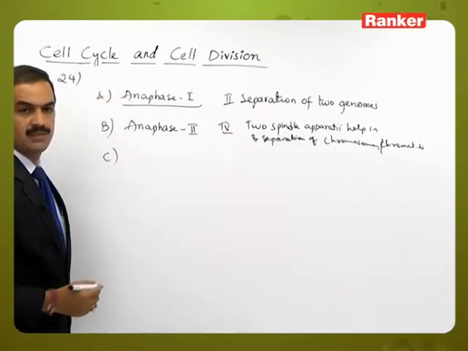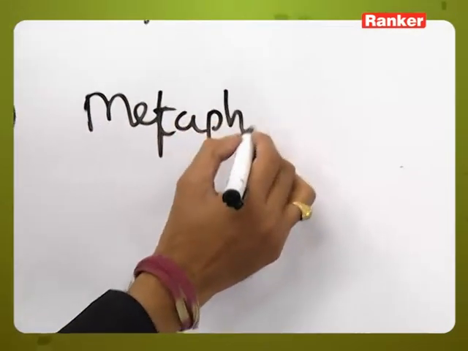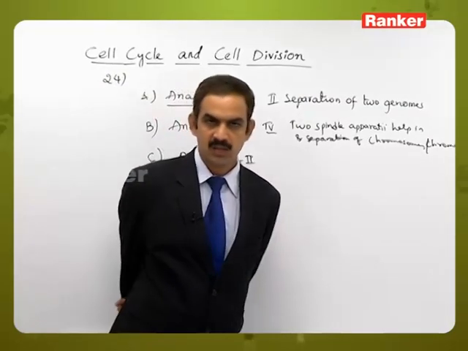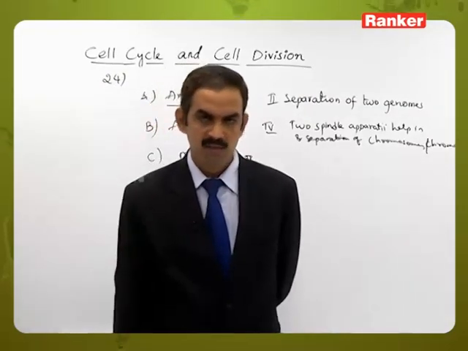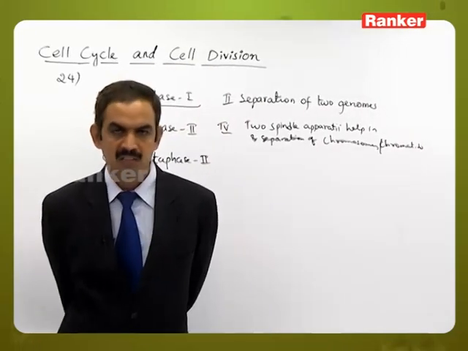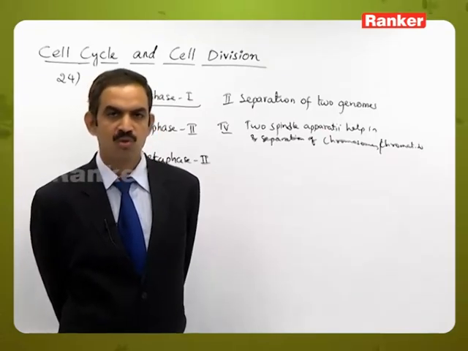Then C, that is metaphase 2. Actually during metaphase 1 only one spindle apparatus will be formed. Whereas after the completion of meiosis 1, the two nuclei will be formed.